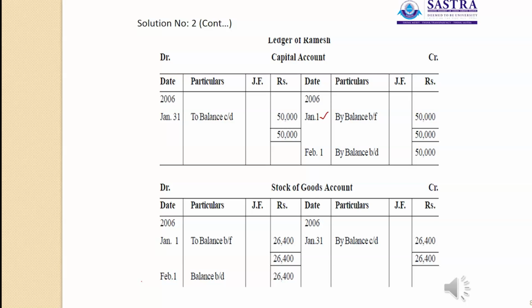So January 1st, by balance brought down rupees 50,000. Then the amount transferred to 31st January 50,000. Again that amount is transferred to the next month, February, 50,000. Is it clear?